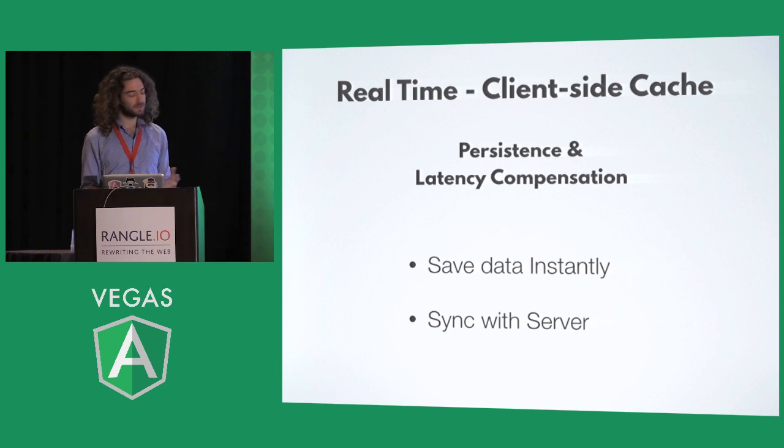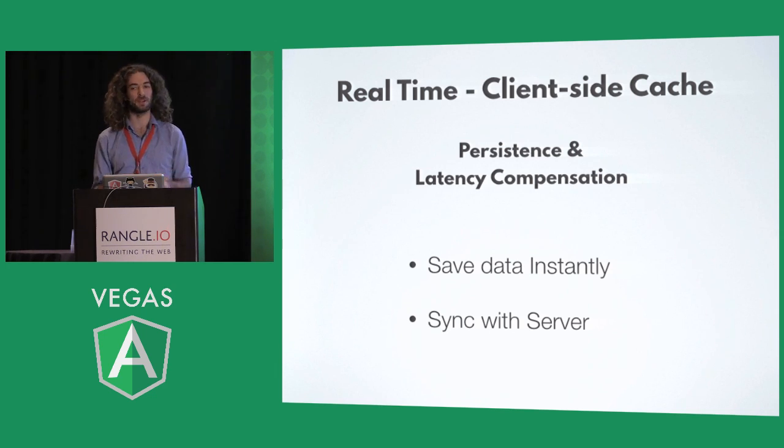So you can obviously do it yourself. You can save instantly to the local cache, with ng storage or stuff like that, but think about how many things you need to do to take care of the synchronization with the server. There are tons of edge cases, and this is a hard problem, but it's a common problem, so Meteor solves that for you.